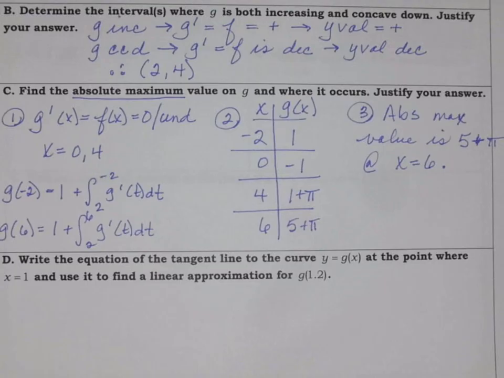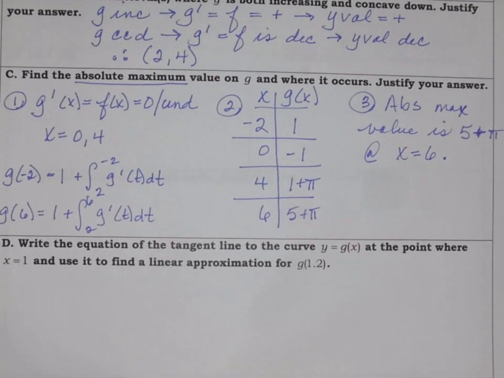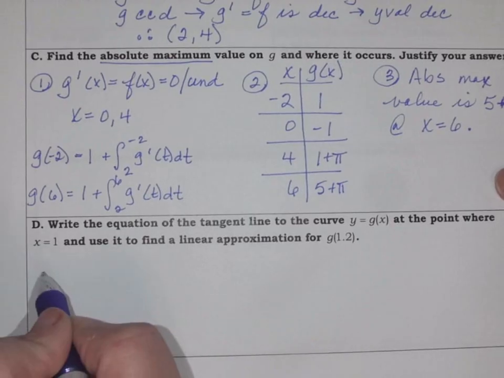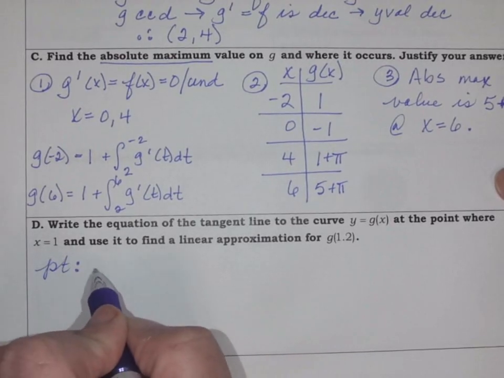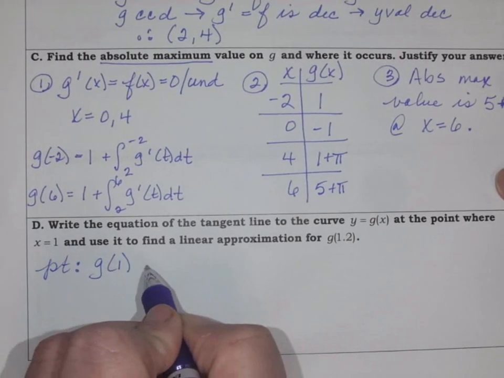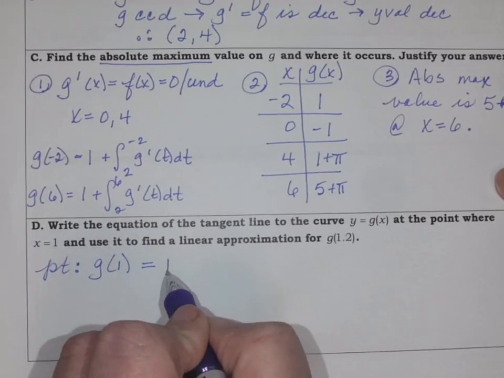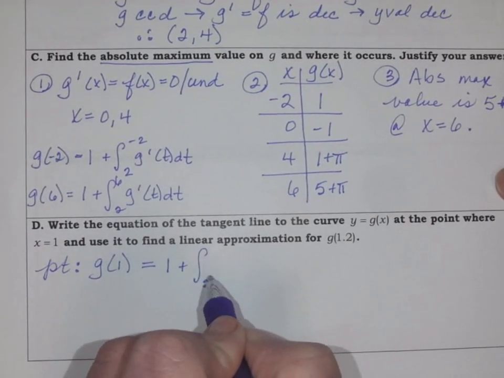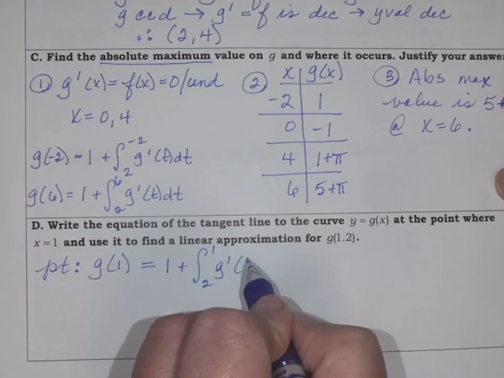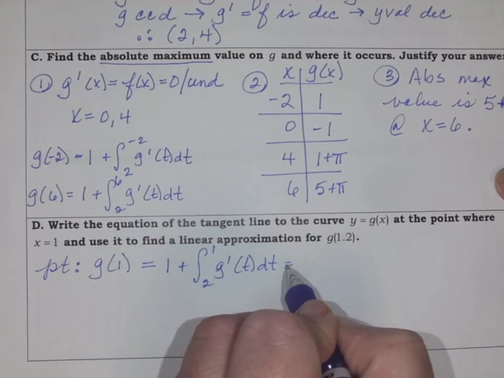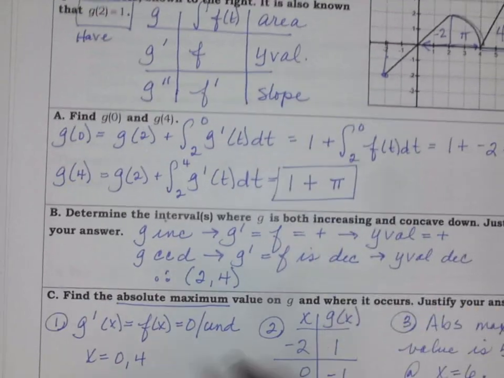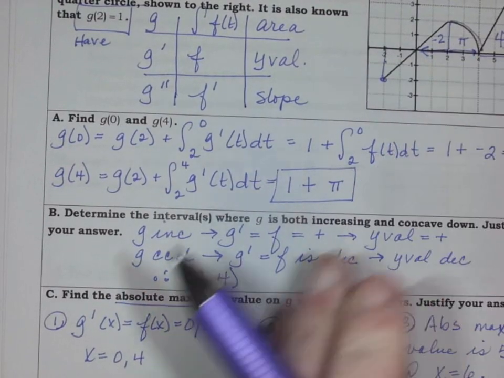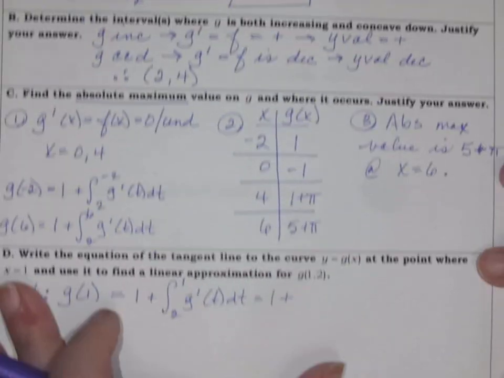All right, last thing, write the equation of the tangent line to the curve y equals g of x at the point where x is equal to 1 and use it to find a linear approximation for g of 1.2. Okay, so we need our tangent line first, so we need our point and our slope. So our point, we need g of 1, which is going to be 1 plus the integral from 2 to 1 of g prime of t dt, which is going to be 1 plus, if we go from 2 to 1, we have 1.5, but we're going backwards, so it's negative.